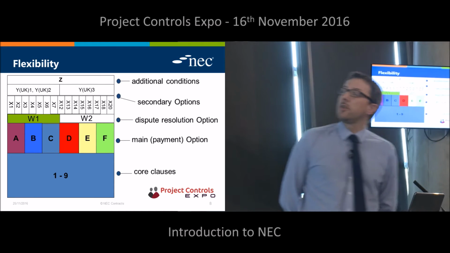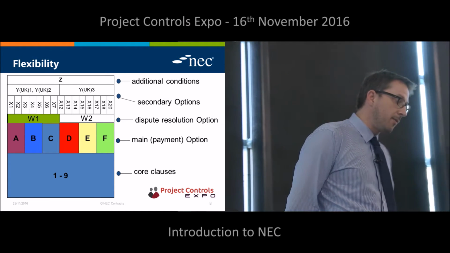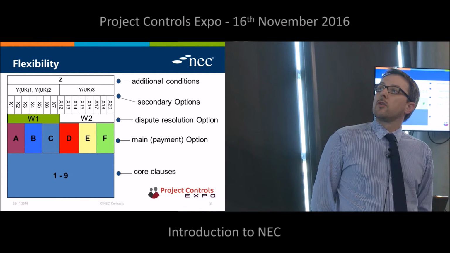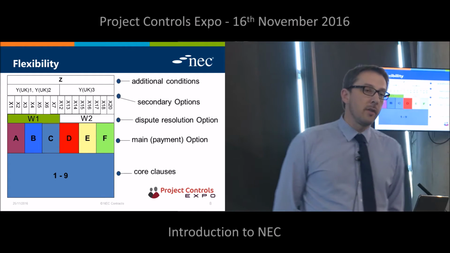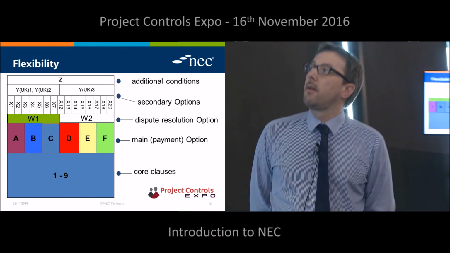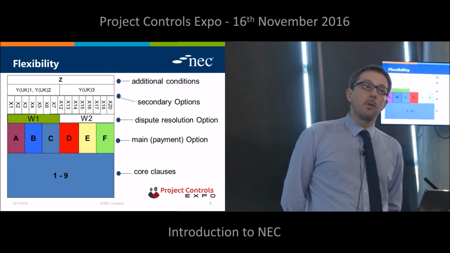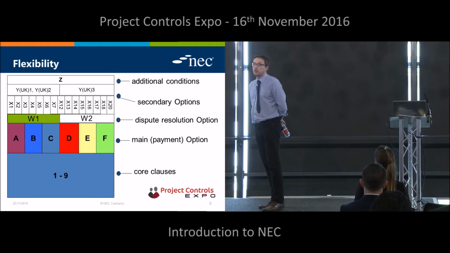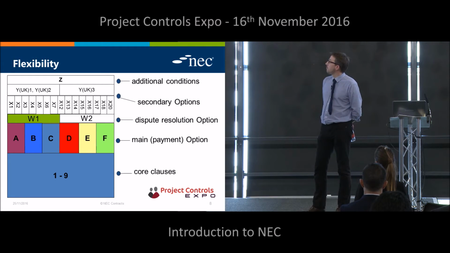This slide shows how the contract is built up in terms of the different parts of the contract. So for each contract that I mentioned earlier, whether it's works or services or supply, there are a common set of core clauses, which is the bit at the bottom. Depending upon which main contract you're using, there is a choice of the main option, which is the payment mechanism.